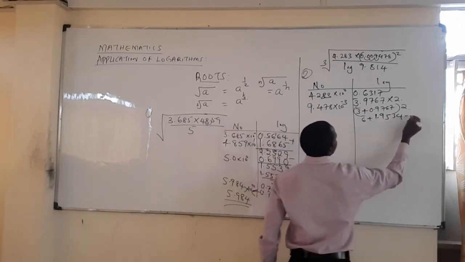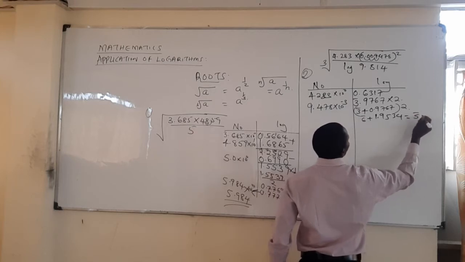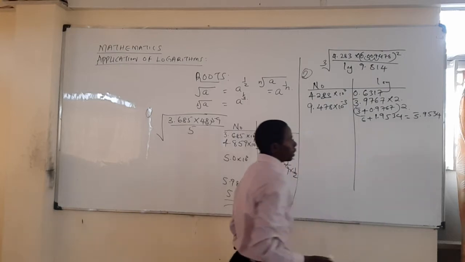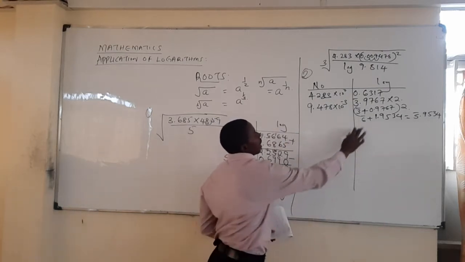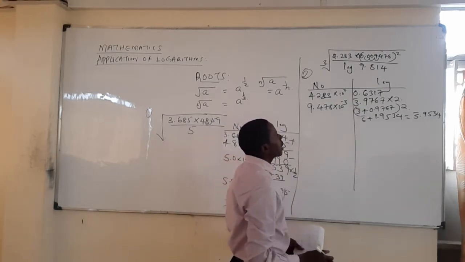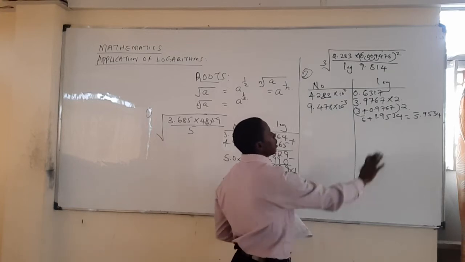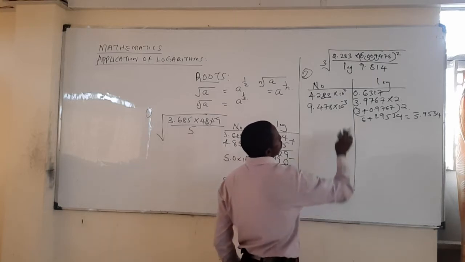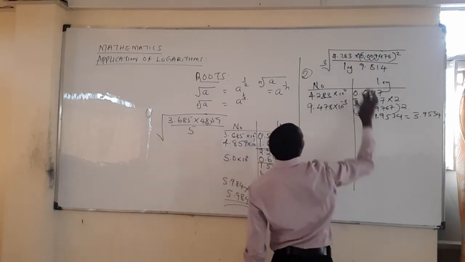So we add the 2, you get bar 5.9534, that is bar 3.9767 times 2.